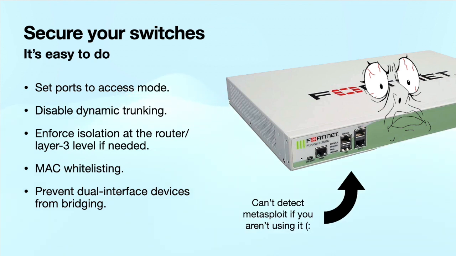Also, if your network is relatively static, you should probably be disabling dynamic trunking. Disable all your unused ports, and as far as all of that goes, I'm sure you know what you need to do. And some routers do have the ability to set up IP traffic rules and prevent hops when layer 2 controls do fail.